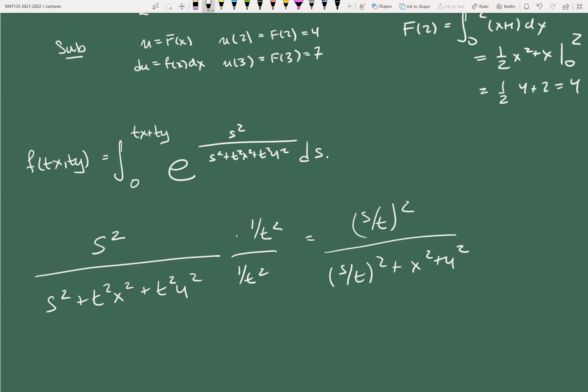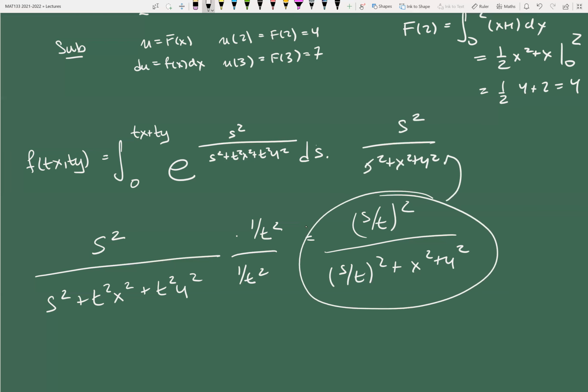Do you see what to do now? Remember, you're trying to relate it to f of xy. We started with s squared over s squared plus x squared plus y squared, and this is what we have now. We want to relate it back to here. So what should your substitution be? How do you make it look like that first thing?